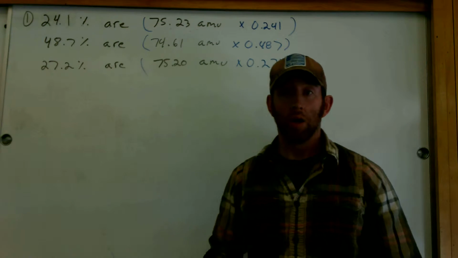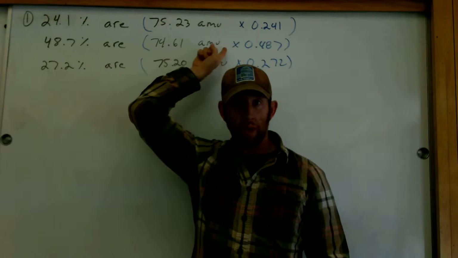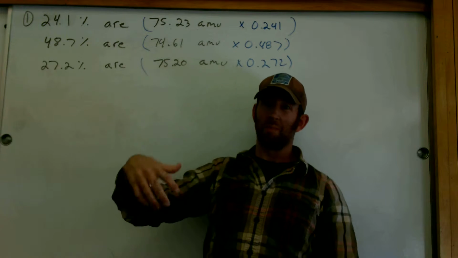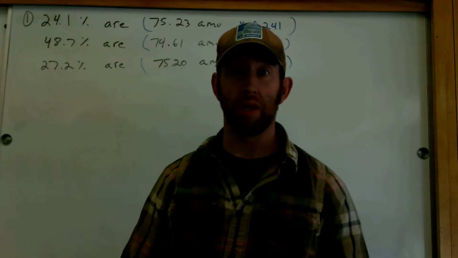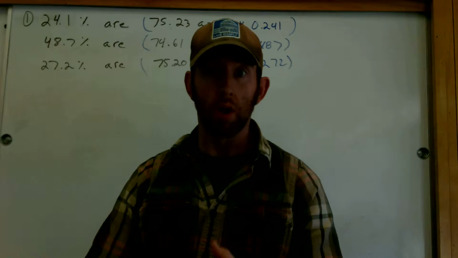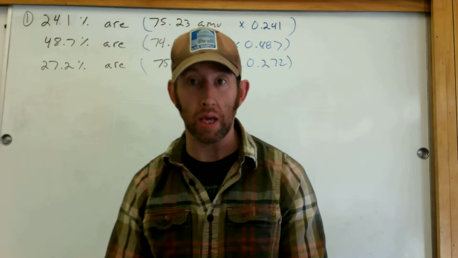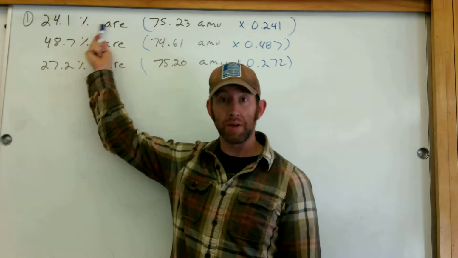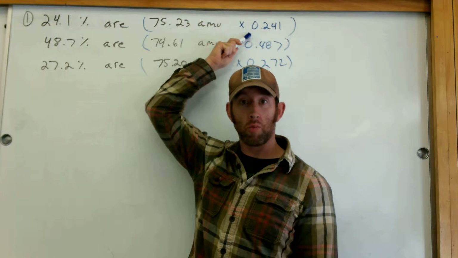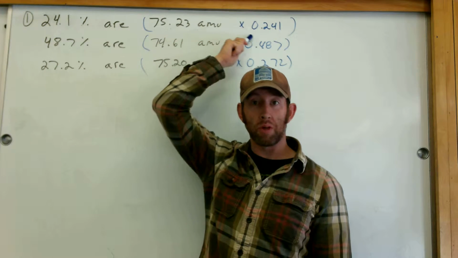All right, now you guys may have noticed I wrote that little multiplication sign down there because I'm anticipating that next step, which I'm going to take. So that next step involves multiplying, right? So again, we convert our percent abundance into its decimal form. Then we're just simply going to multiply those numbers.